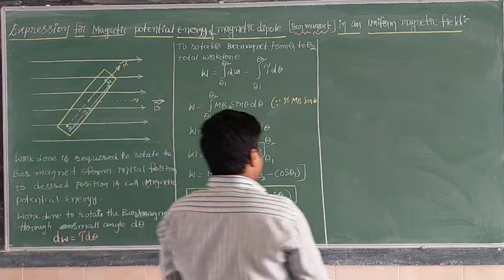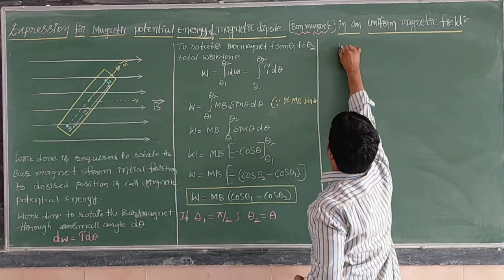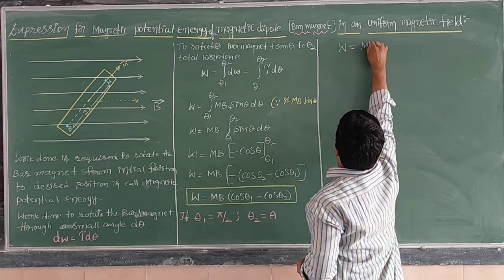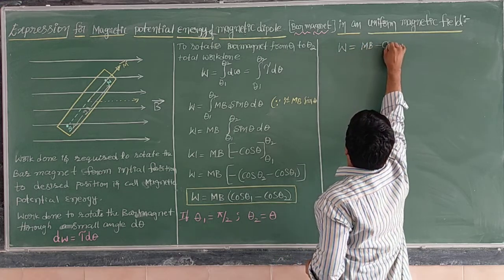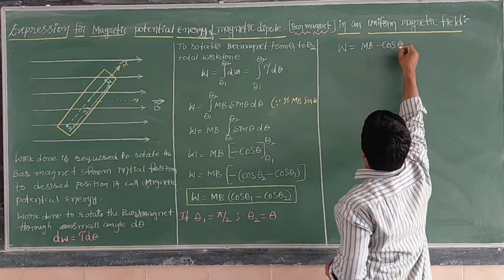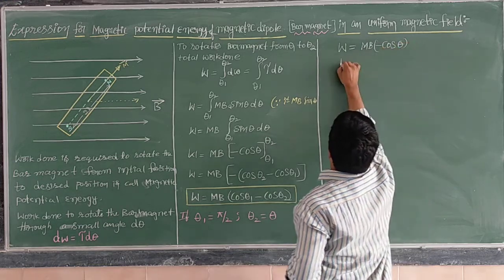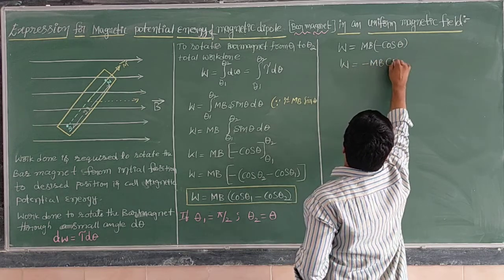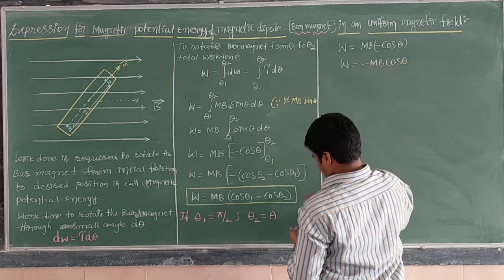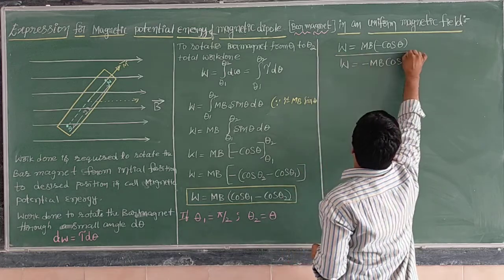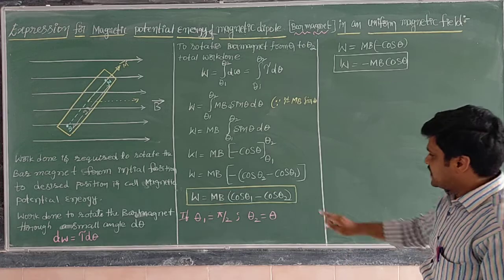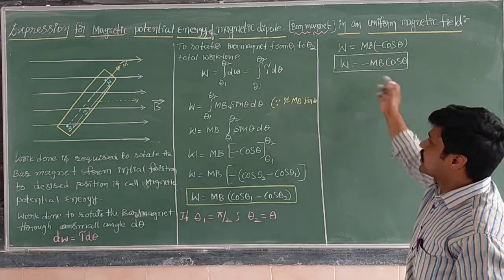Then work done is equal to mB into minus cos theta 2; instead of theta 2, you write theta. So work done is equal to minus mB cos theta, and we get this. Now this is the work done formula. This we can also use.